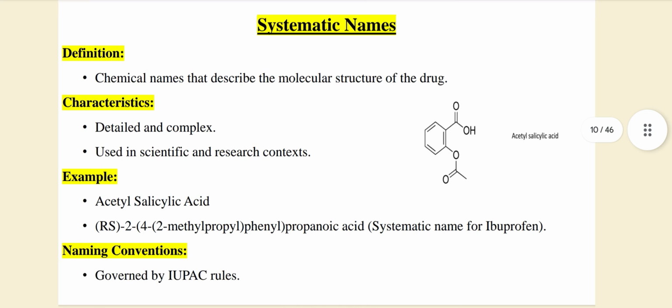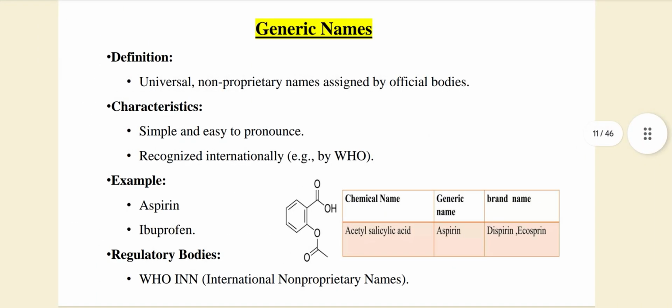An example of a systematic name is acetyl salicylic acid. RS-2-(4-(2-methylpropyl)phenyl)propanoic acid is the systematic name for ibuprofen. The naming convention is governed by IUPAC rules.